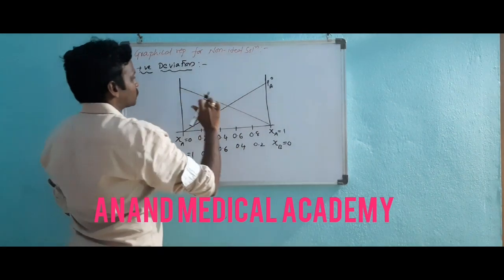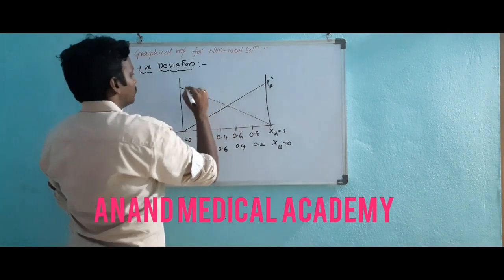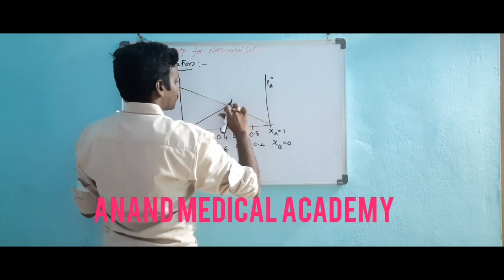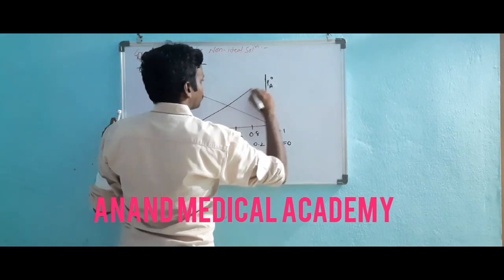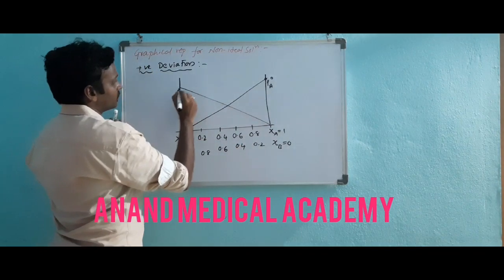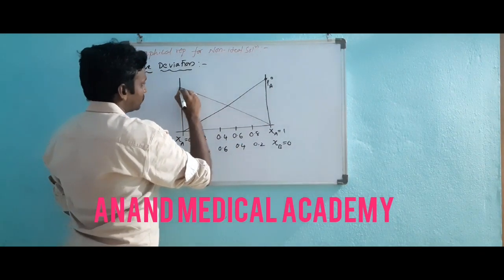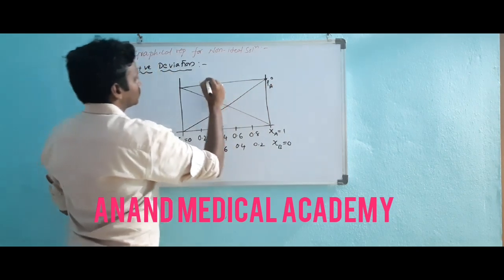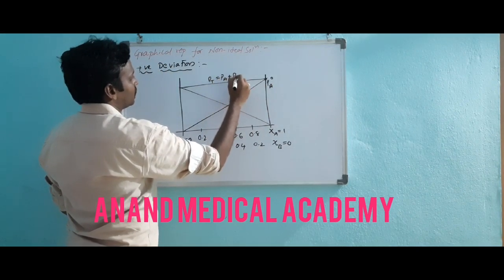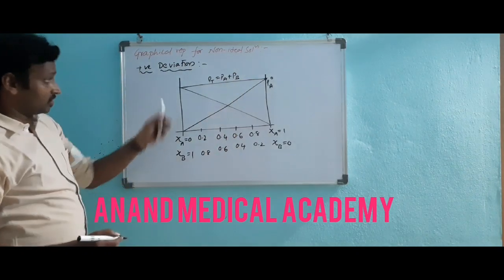So here you have PA naught, and here this is P total, which equals PA plus PB. See the diagram.